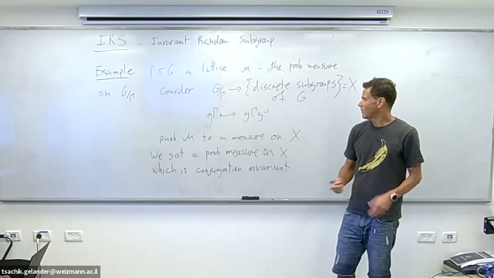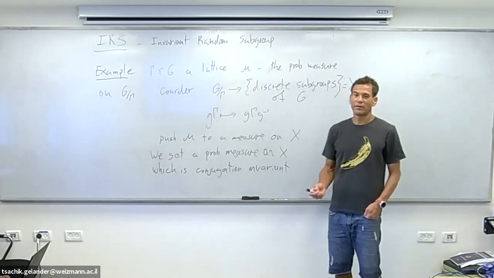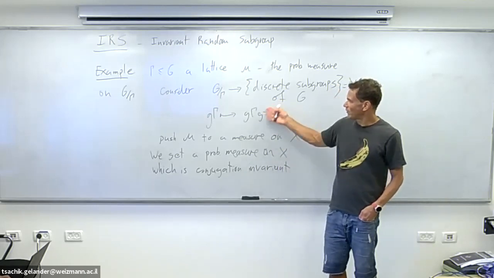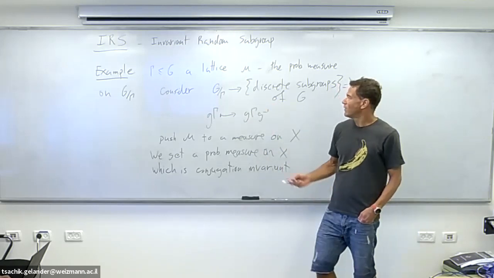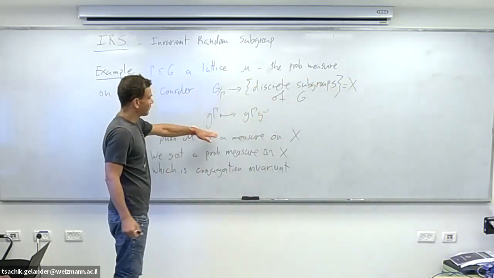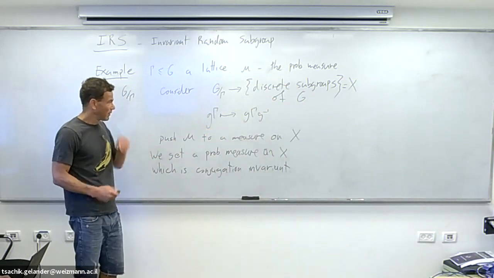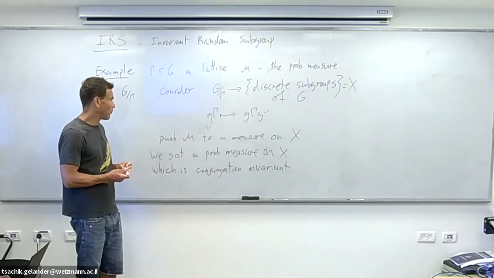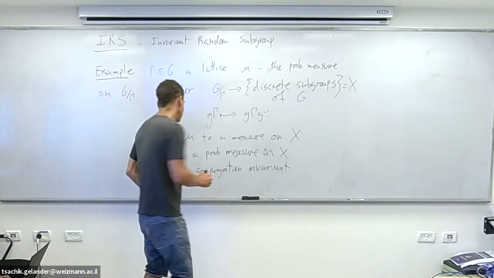And this is an example of an invariant random subgroup. This is a measure that gives you a random conjugate of gamma. And if you started with a conjugate of gamma, you will get exactly the same measure.